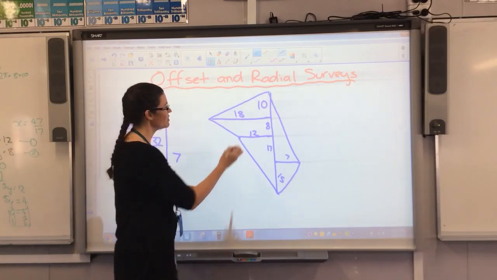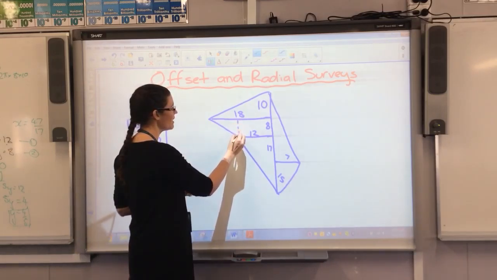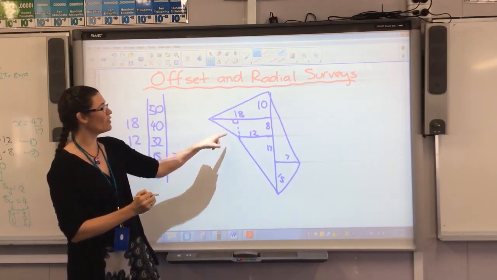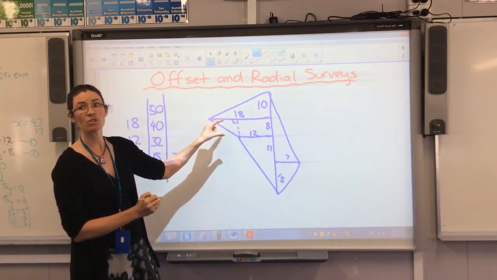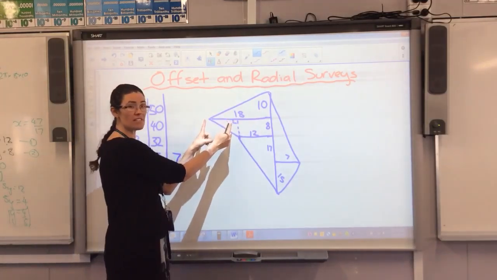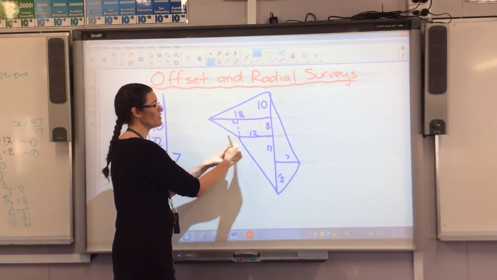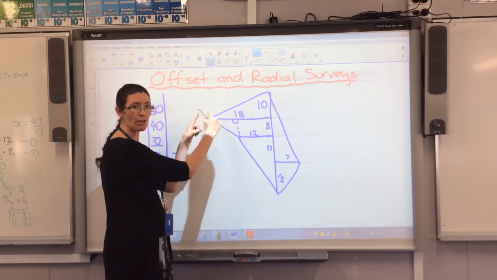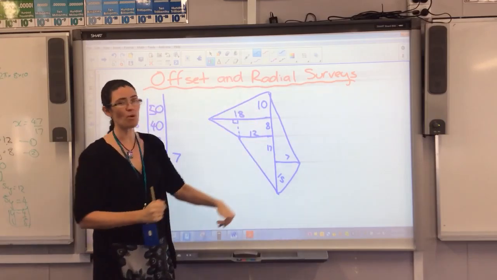What we did for this one is we created a right angled triangle here. When we create that right angled triangle, remember the height, Aaron, the height is still 8, but this distance here is the difference between 12 and 18, so that would be 6 there. And we used Pythagoras there, then we added them all up.